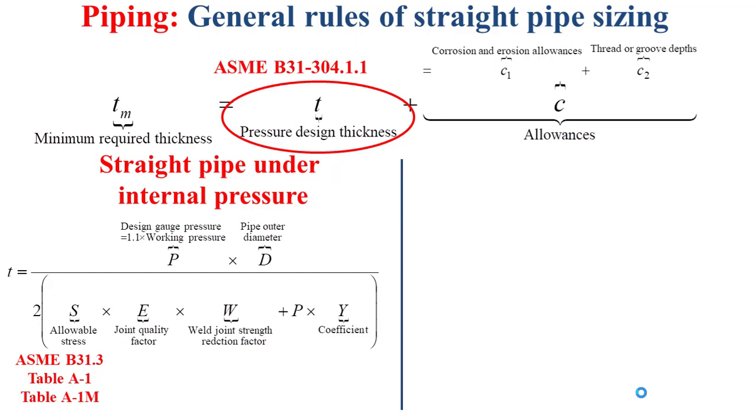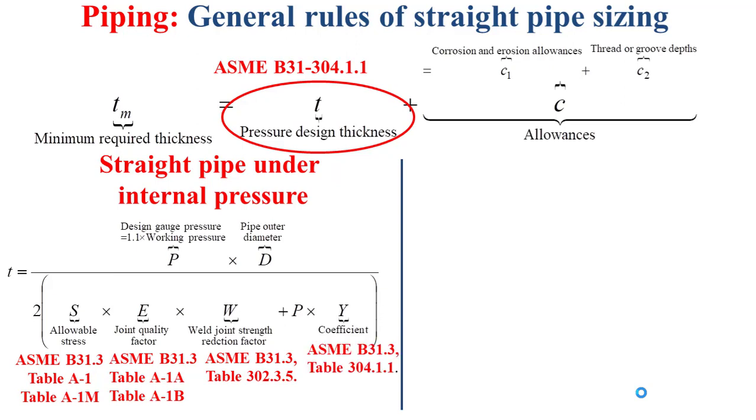The weld joint quality factor E is obtained based on ASME B31.3, Table A-1A and A-1B. W is the weld joint strength reduction factor, obtained based on ASME B31.3, Table 302.3.5, and the coefficient Y is obtained based on ASME B31.3, Table 304.1.1.